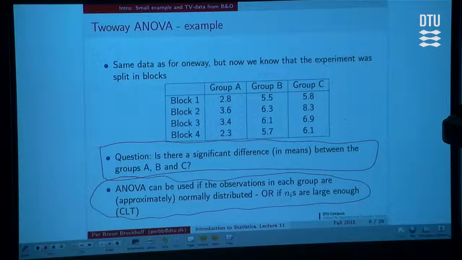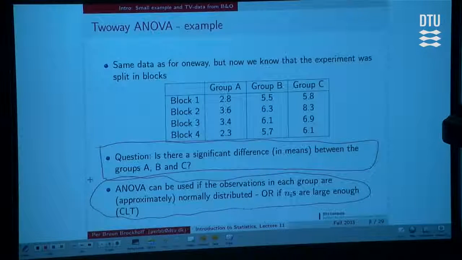However, these things are also pretty robust. So there is a CLT, the central limit theorem, helping us also to making it pretty okay often to do basic ANOVA, also in cases where data are not 100% nicely normally distributed. Where the distinction is challenging, of course.